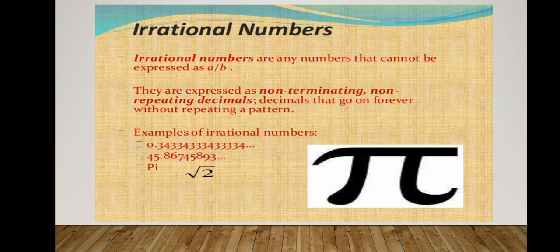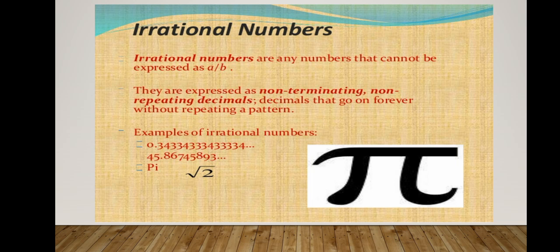Now moving ahead, we get irrational numbers. Irrational numbers are any numbers that cannot be expressed in the form of rationals, meaning in the form of a by b or p by q. They are expressed as non-terminating, non-repeating decimals, decimals that go on forever without repeating a pattern.